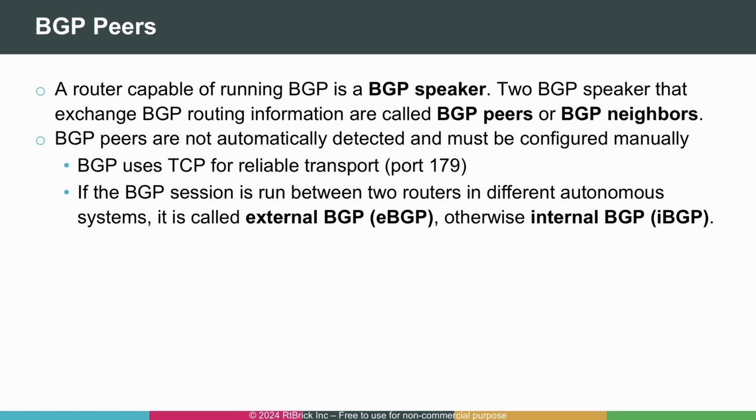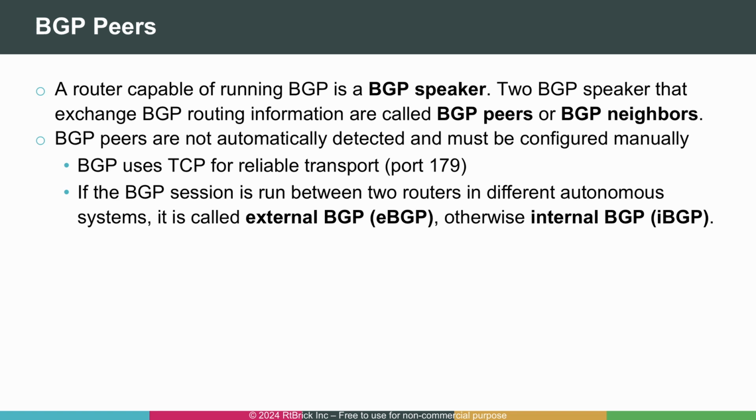When BGP is running between two peers in different autonomous systems, it is called external BGP, while running between two routers in the same autonomous system is called internal BGP. There are some significant differences between external and internal BGP.